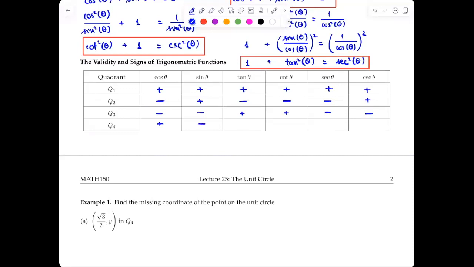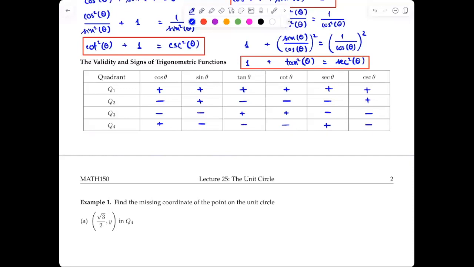Sine is negative. So negative for tangent, negative for cotangent. Secant of theta is 1 over cosine, so 1 over positive will give you positive. And cosecant is negative because 1 over sine, or 1 over a negative, gives you negative. Any questions?